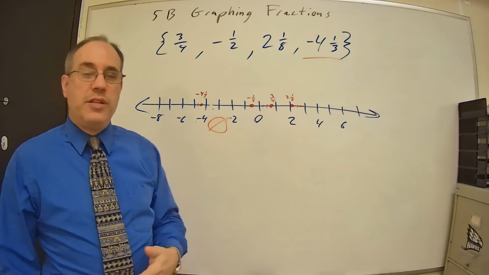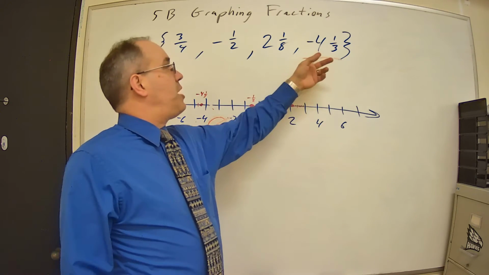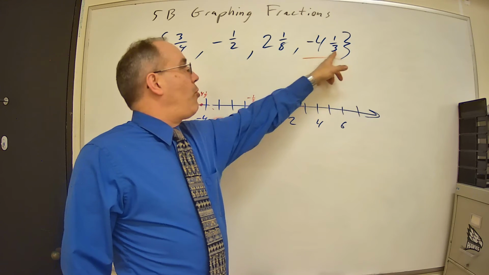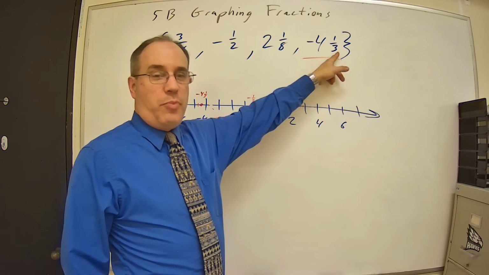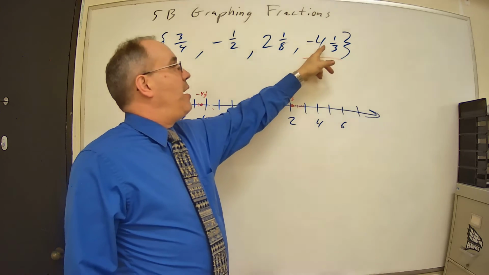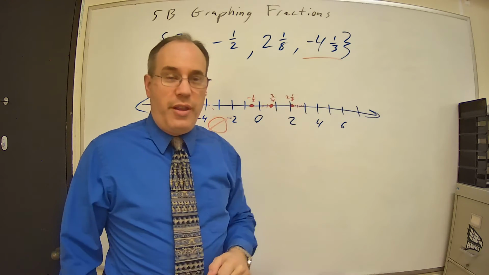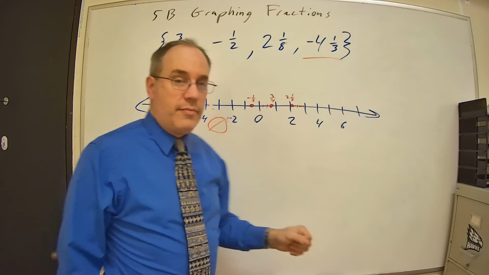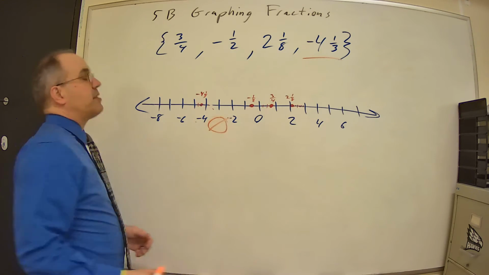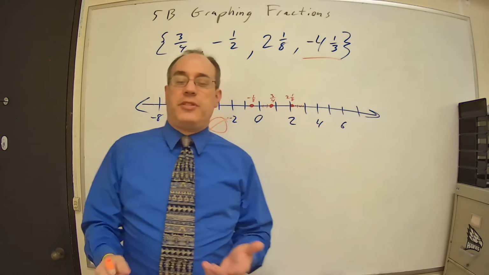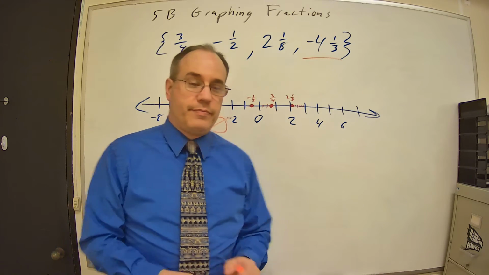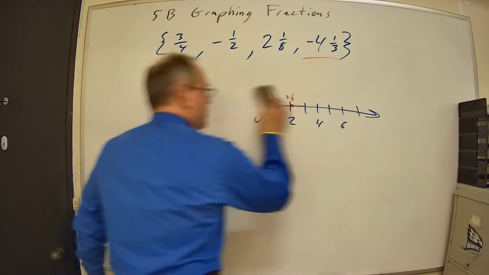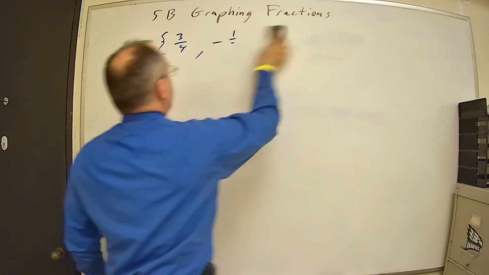Remember that when you're dealing with mixed numbers, a sign in front of it affects both the whole part and the fractional part. That's not -4 and a positive 1/3. That's negative 4 1/3. So that's our biggest thing to keep in mind, because that's the most likely mistake that people will make. So that's dealing with a number line.